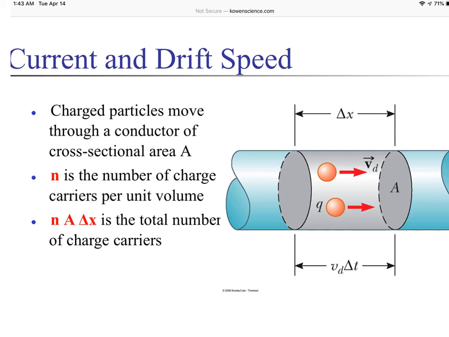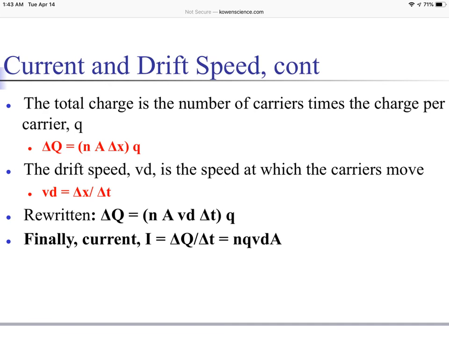If we look at the relationship between current and drift speed, charged particles will move through a conductor of cross-sectional area, and we're going to call that area A. N is the number of charge carriers per unit volume. So N times A times change in X is the total number of charge carriers. Going back over this, the total charge is the number of carriers times the charge per carrier.